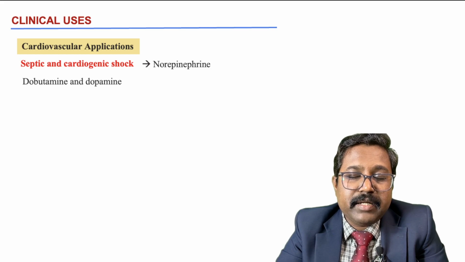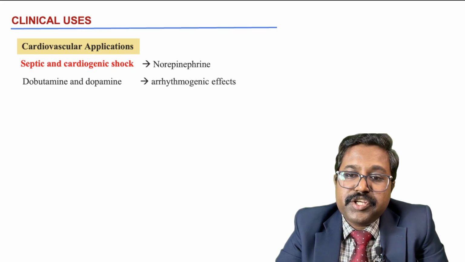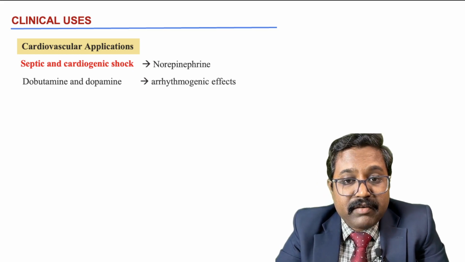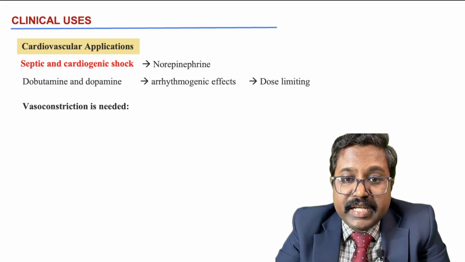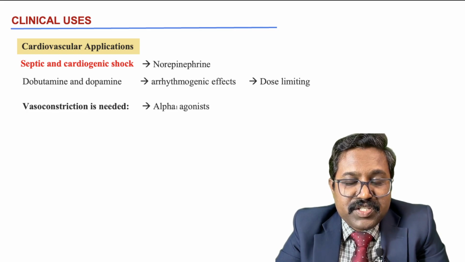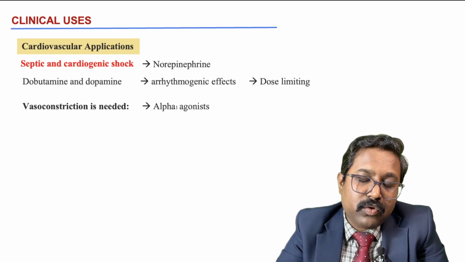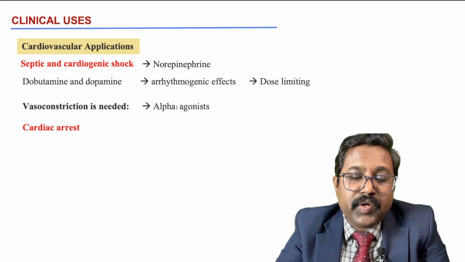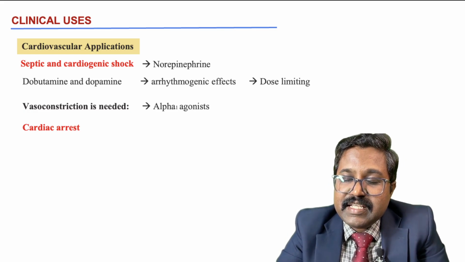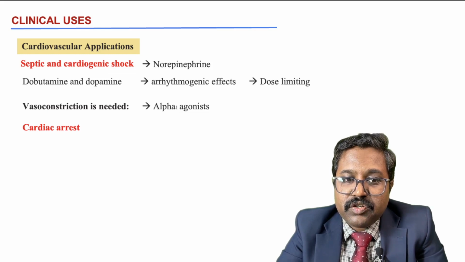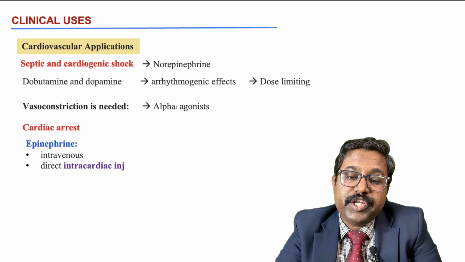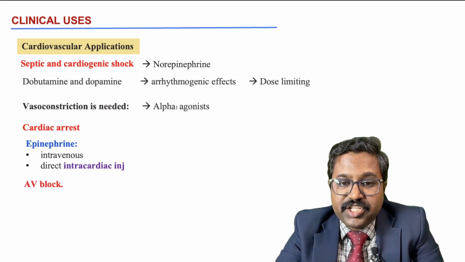Dobutamine and dopamine can be preferred in case of cardiogenic shock, and their usage should be very careful because they are arrhythmogenic in nature. Whenever vasoconstriction is needed, you can go with an alpha 1 agonist, and in case of cardiac arrest, you can go for intravenous or intracardiac injection of adrenaline. So epinephrine intravenously, or you can give direct intracardiac injections.